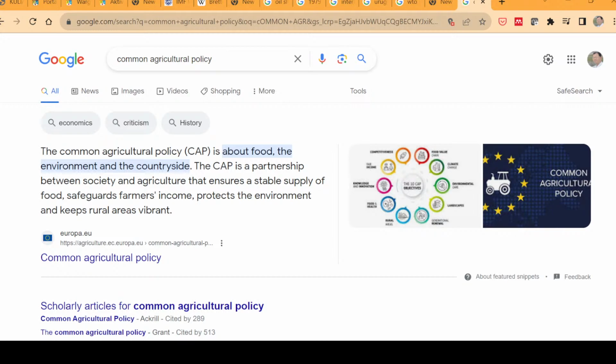What's the value in the world? The value of merchandise, which is good merchandise, 25 trillion. Service, 6 trillion. About 4 times less.